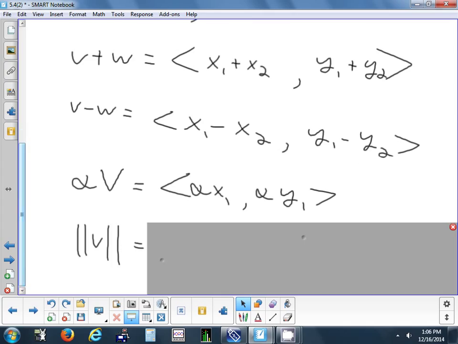Right, and the last formula, what does this symbol mean? You get the double bars with a letter inside them. Not absolute value, but similar, kind of. Double absolute value.